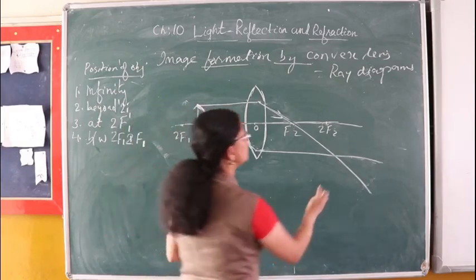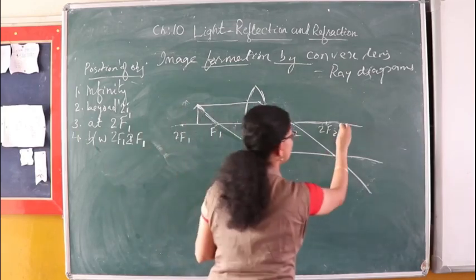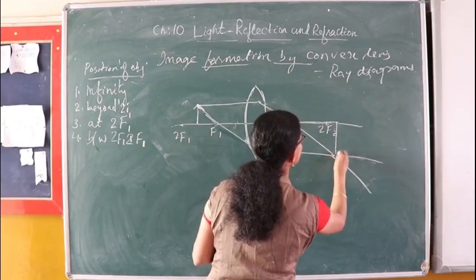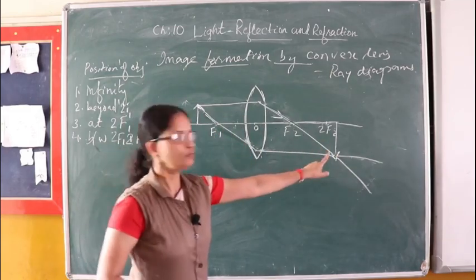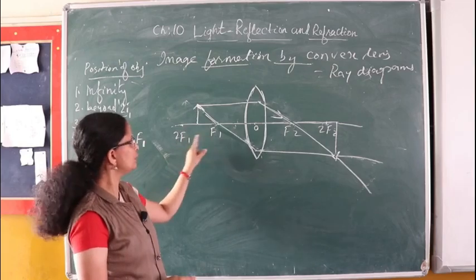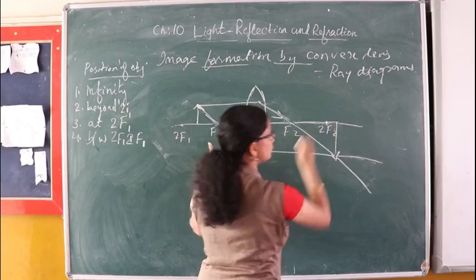Here we can see these two rays meet each other, and the image is obtained here. So when the object is between 2f1 and f1, the image formed is beyond 2f2.